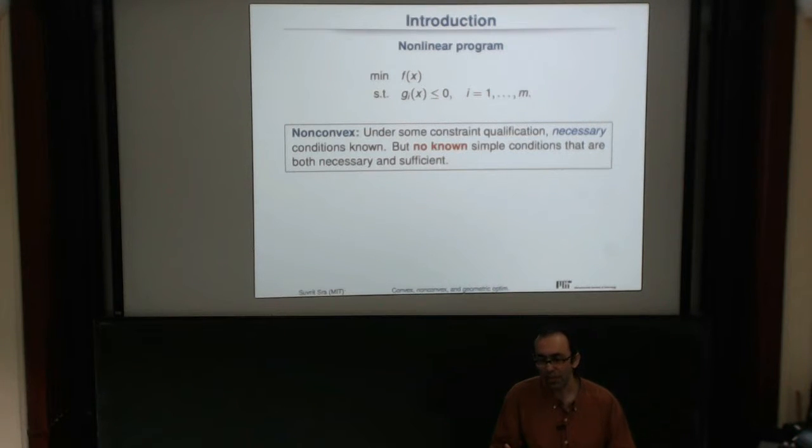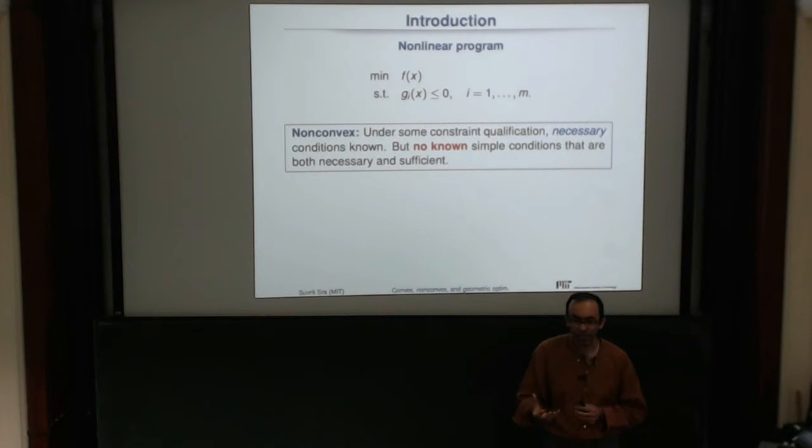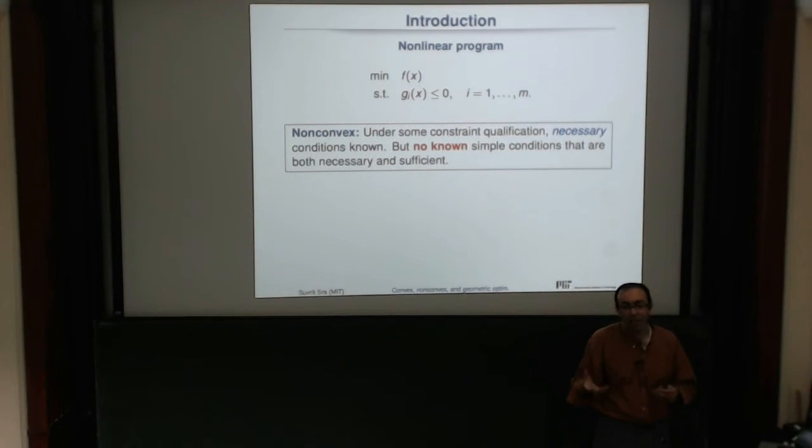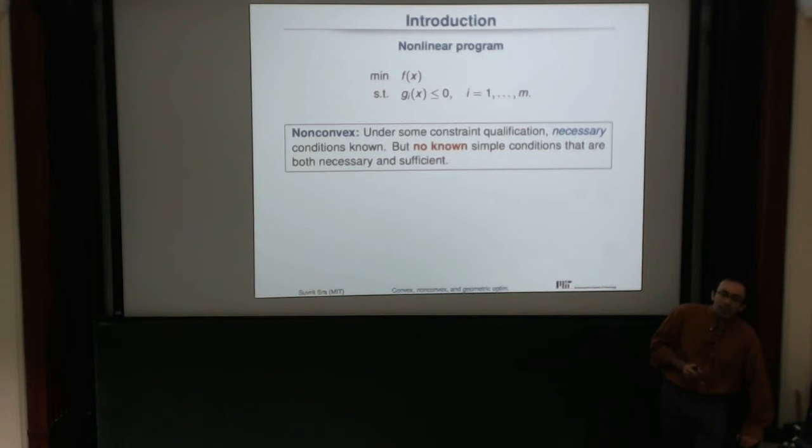And if it's computationally hard to verify, just because it looks algebraically simple, don't get deceived. It's not simple by my definition. And that really is one of the barriers here. We cannot expect to even have such conditions. But abstractly speaking, it is the lack of these simple conditions that are both necessary and sufficient.